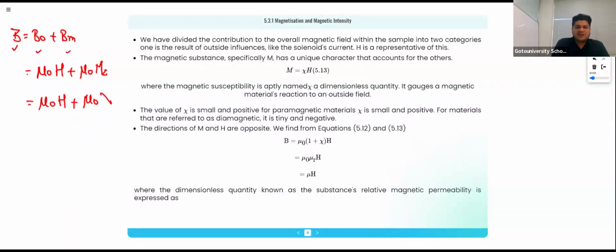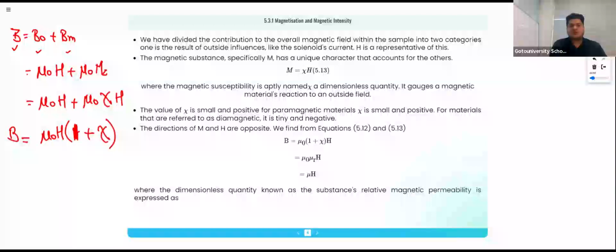Mz is nothing but susceptibility into H. We have something common: mu naught and H. So here it will be 1 plus susceptibility. Your B is equal to mu naught H into 1 plus susceptibility.